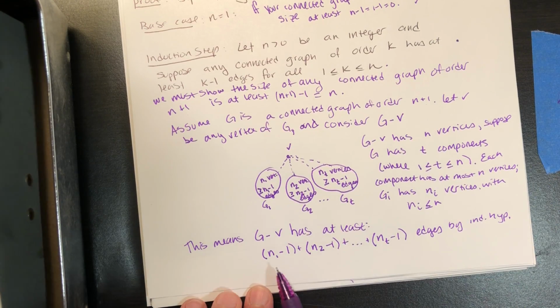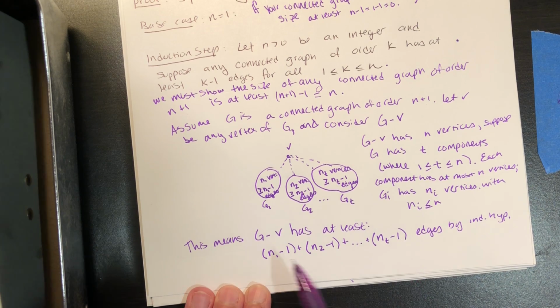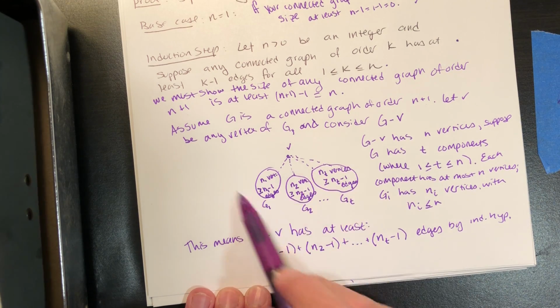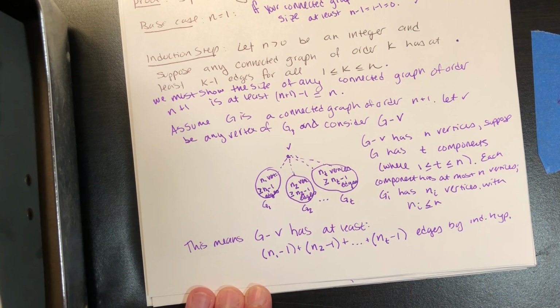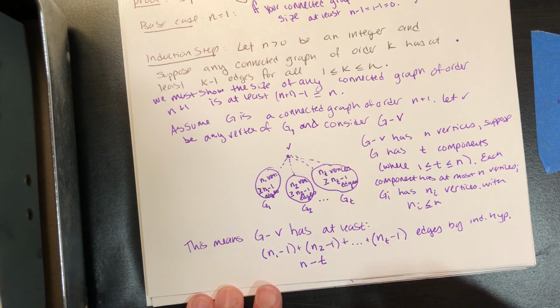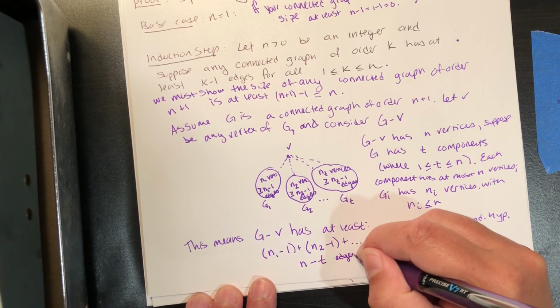Okay, when we add all these up together, well, the sum of these ni's, n1 plus n2 plus nt, has to add up to all of the other n vertices of the graph except for this vertex v. So the sum of these ni's is going to give you all the total of n. And then we have minus 1 for the first component, minus 1 for the second, all the way to minus 1 for the tth component. So this is going to mean that G minus V has at least n minus t edges.